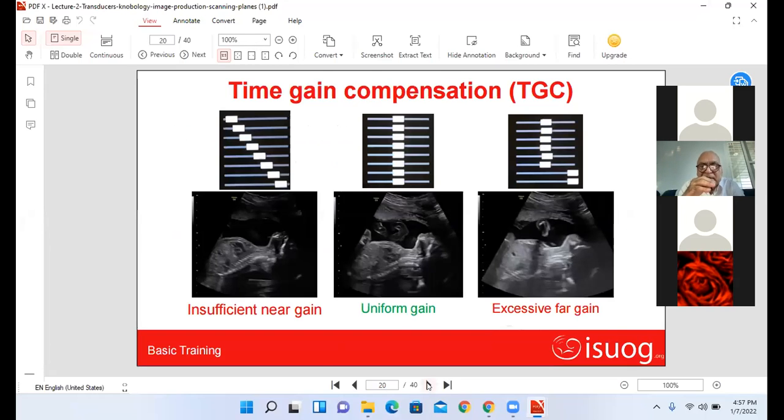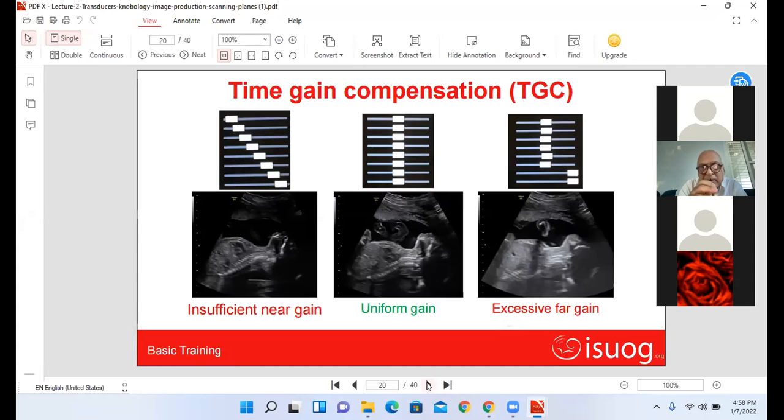Now, time gain compensation is again, as I said, on a specific part of the screen, where we can increase or decrease the gain. In the middle picture, the gain knobs are set at the middle. When we do a transvaginal scan, we can actually increase the far ones.